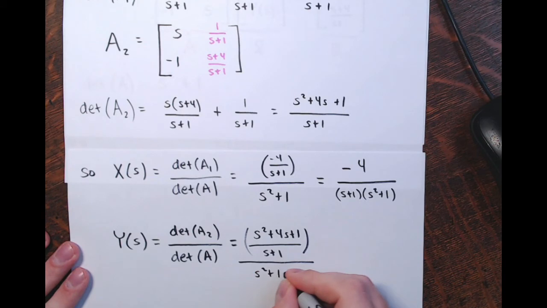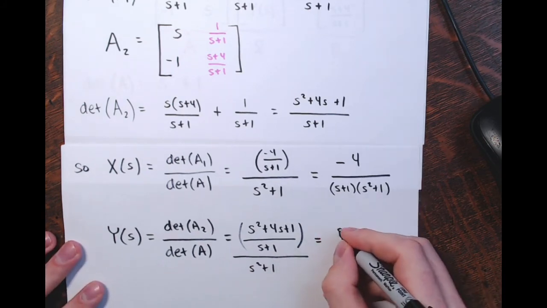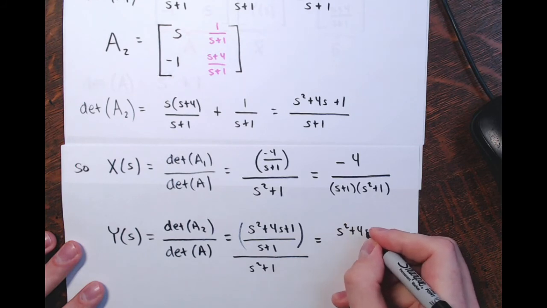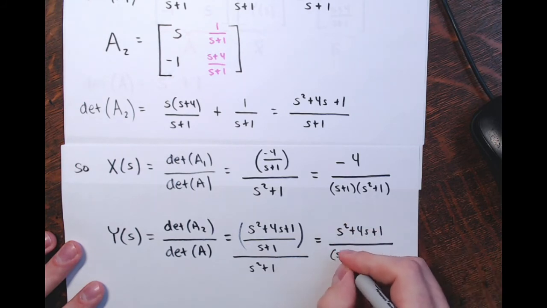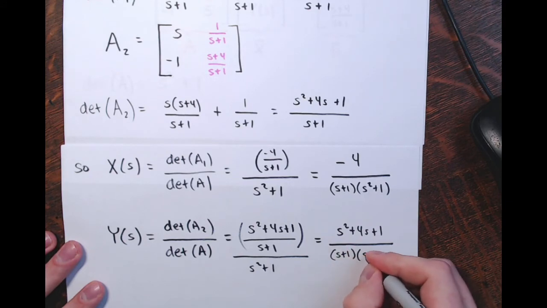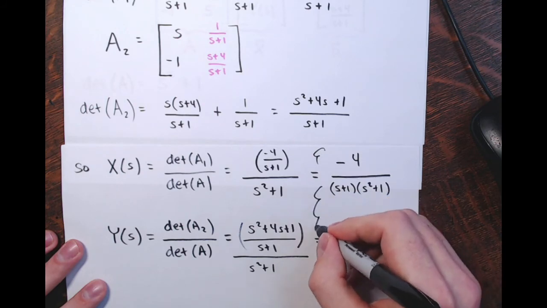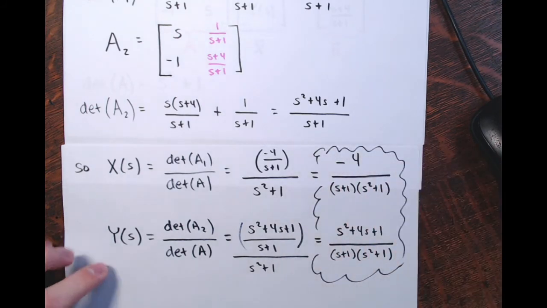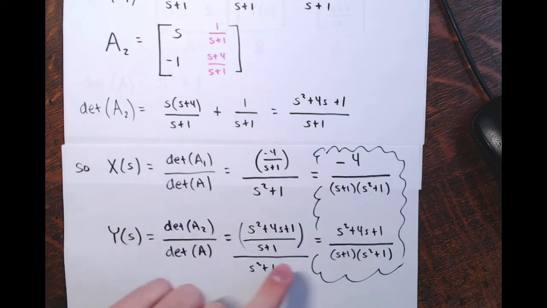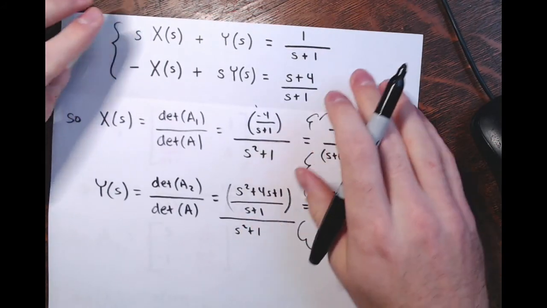And that's just going to put s squared plus 1 in the denominator with s plus 1. So this is s squared plus 4s plus 1 divided by the quantity s plus 1 times the other factor s squared plus 1. And there you go. These two expressions for x of s and y of s make up the solution of this crazy system that we saw in the beginning.